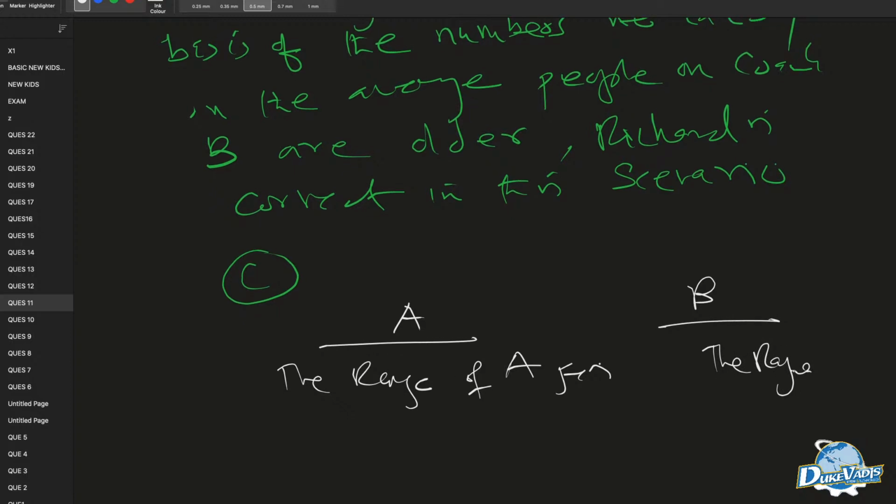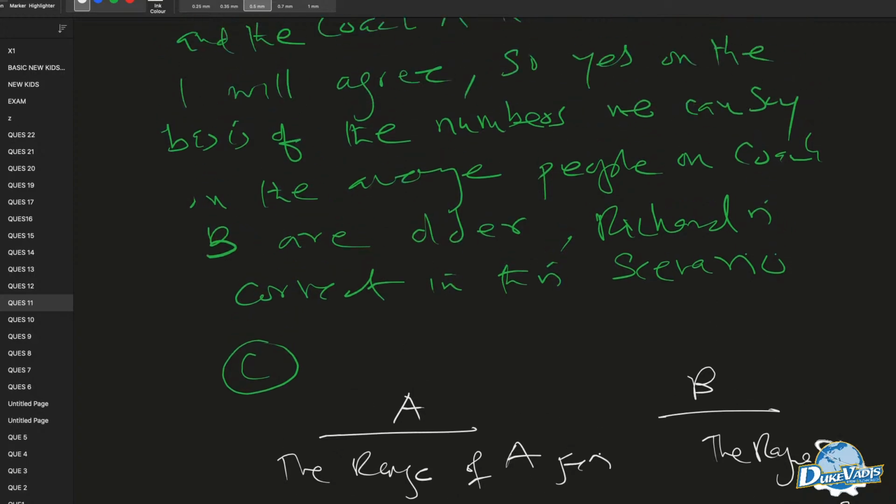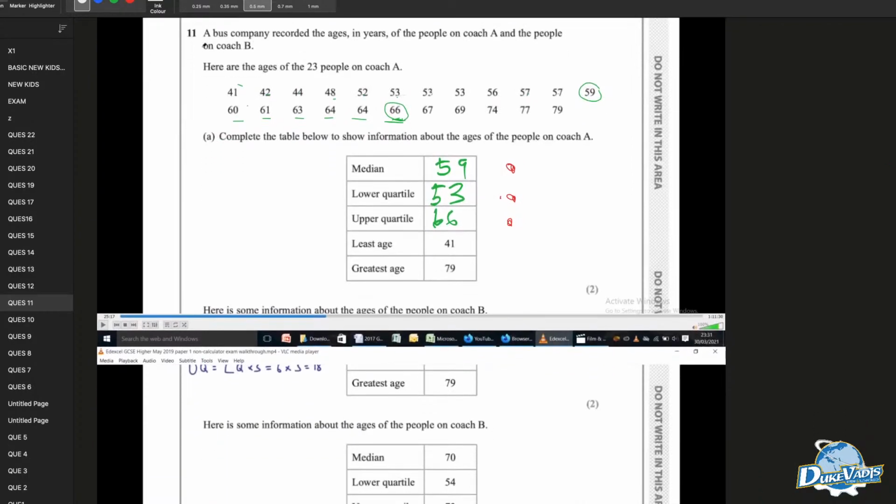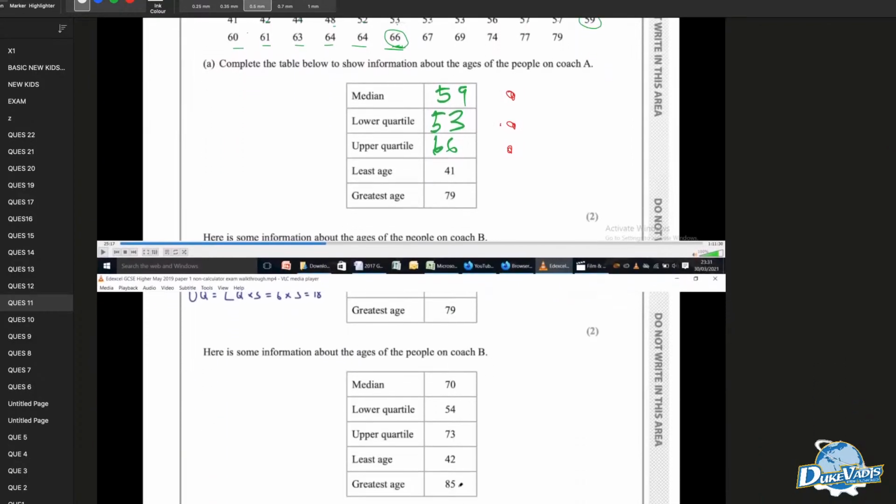If we look at A, the ages range from 79 to 41, which is 38, and 85 to 42 is 43.